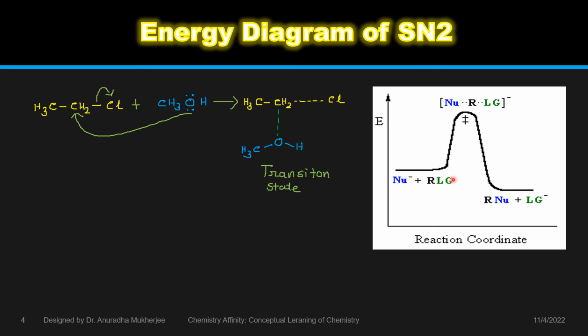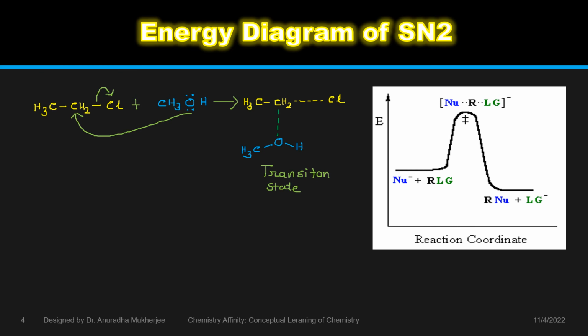From the energy diagram we can see this energy level corresponds to the substrate and the nucleophile. Then we have to supply the energy which can break this carbon-chlorine bond, and it will reach the transition state where the carbon-chlorine bond has started to break and the nucleophile is approaching the carbon.